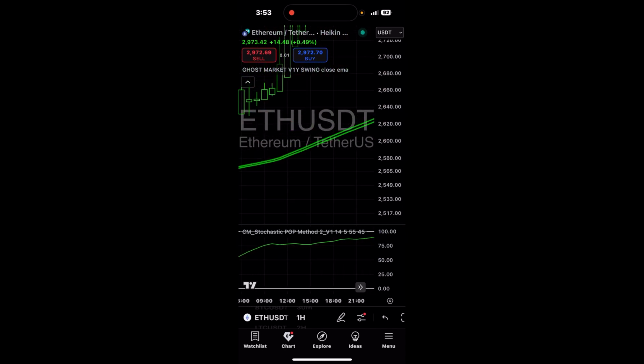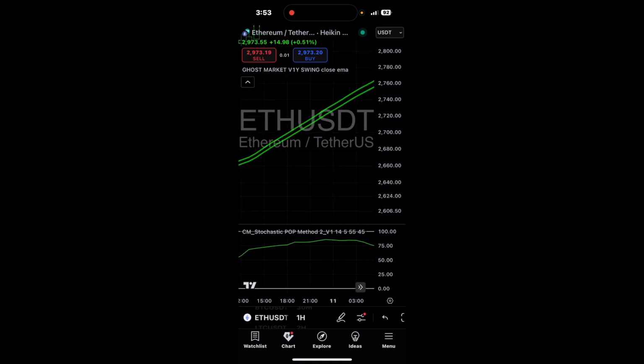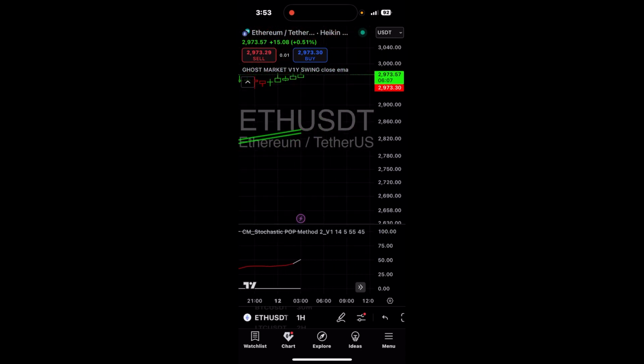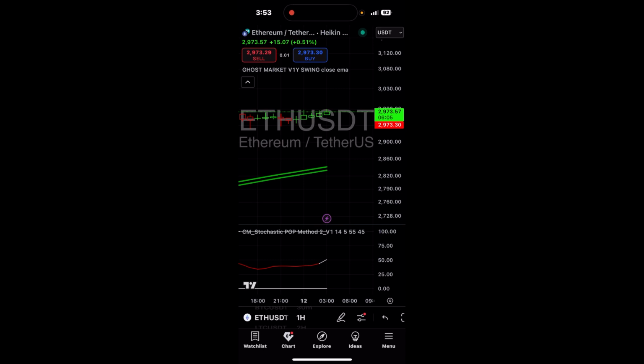So you could turn this strategy into passive income with just the one Ethereum strategy here. You could make about $34 to $40 to $100 a day with this strategy. So all you have to do is have enough in there for one Ethereum to cover the account, because if you cover the basic price of one Ethereum, it would take for that to go all the way down to zero for you to lose all your money.